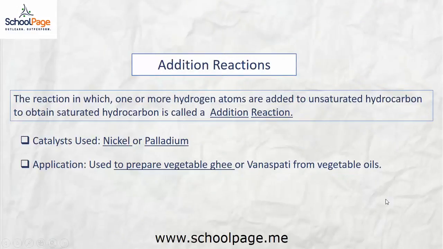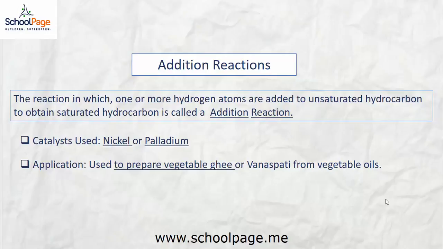The reaction in which one or more hydrogen atoms are added to an unsaturated hydrocarbon to obtain a saturated hydrocarbon is called addition reaction. Catalysts used are nickel or palladium, and the main application is in preparation of vegetable ghee or vanaspati.